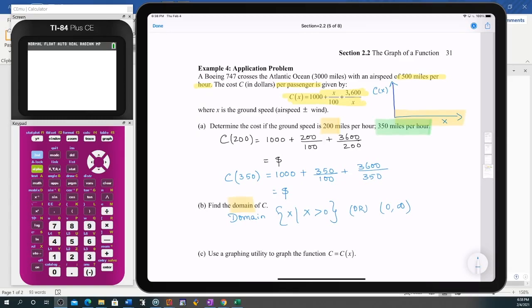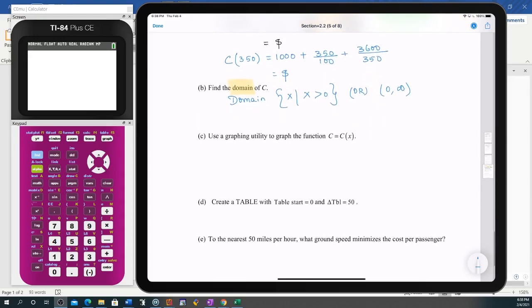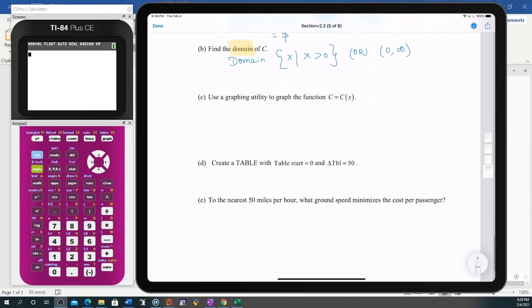Okay, so now the next part of this problem is using a graphing utility to graph the function, then creating a table with your graphing utility, and also using your graphing utility to find the nearest speed 50 miles per hour.